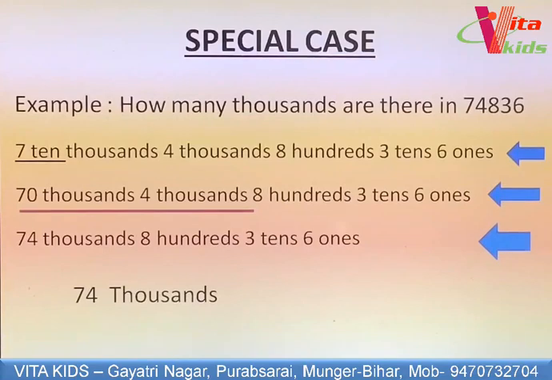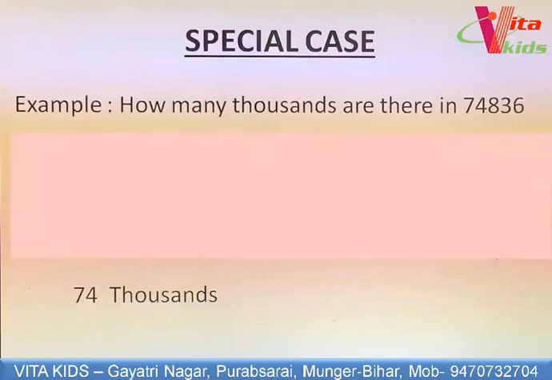These three steps which I have shown by the arrow are for your understanding. There is a small trick here. What you can do when you are faced with such a question, they are asking you thousands. How many thousands are there in this particular number? Identify the number at thousands place. We have 4. So all the numbers including the 4 on the left of this, that is in this particular case 7 and 4 will be your answer.